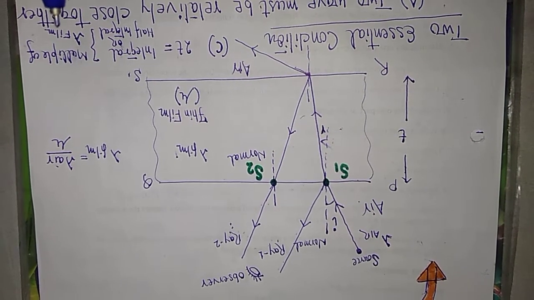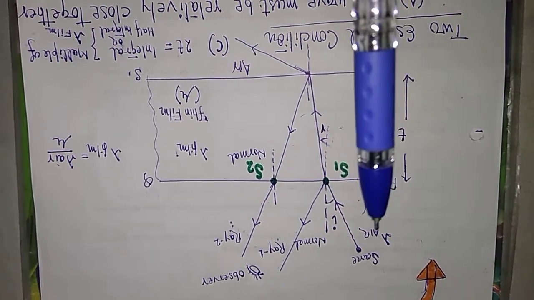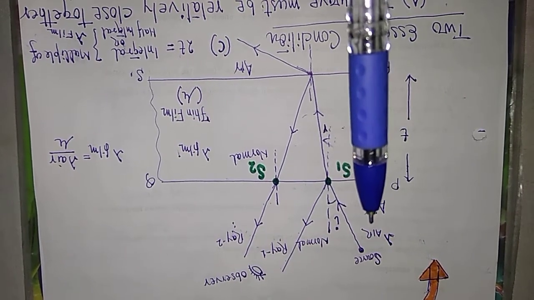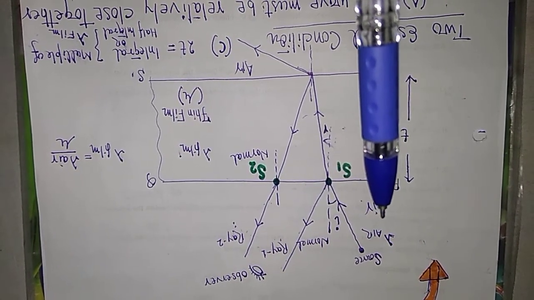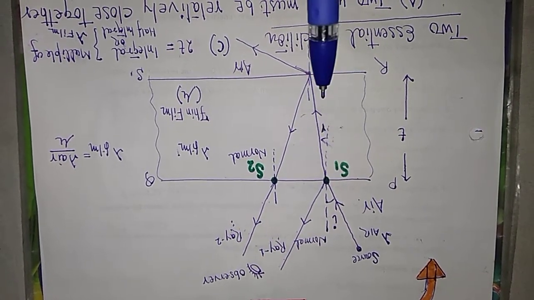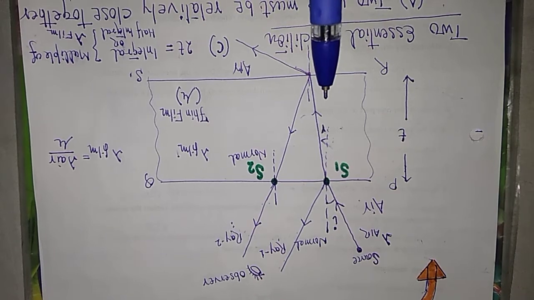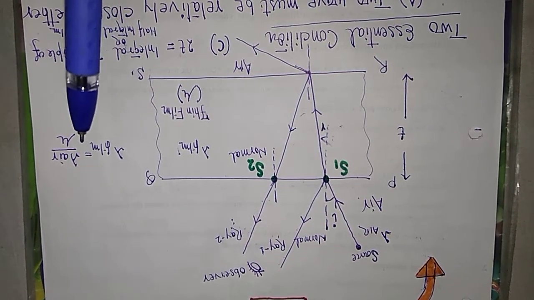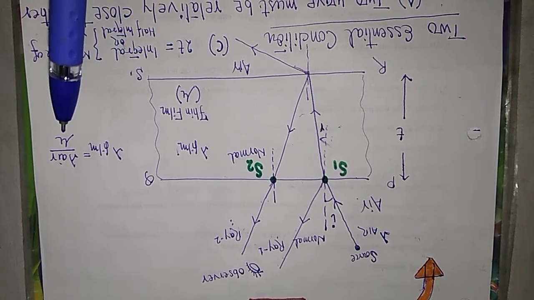So what is the lambda in film? The source wavelength is lambda in air. You know that after refraction the wavelength will change. So what is the new wavelength? Lambda in film is equal to lambda air divided by mu.